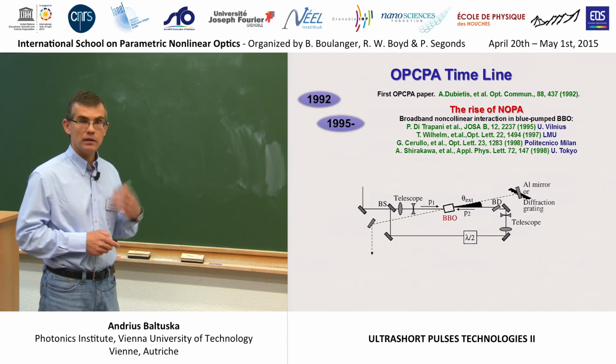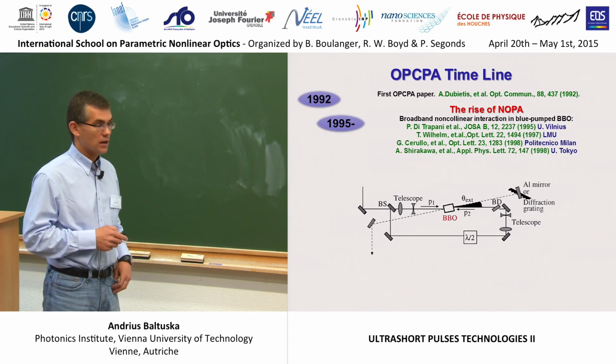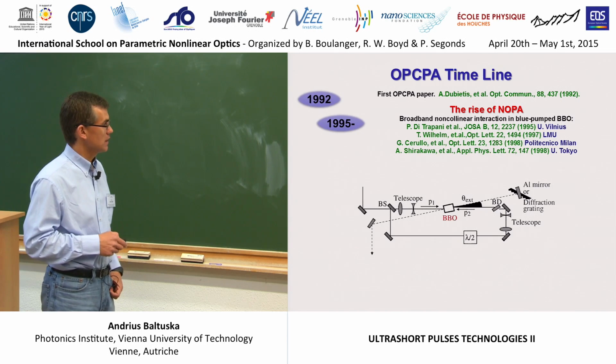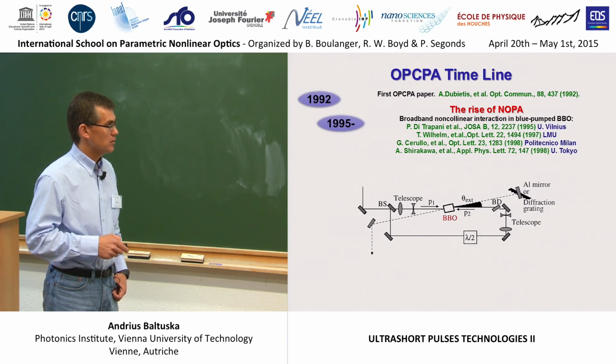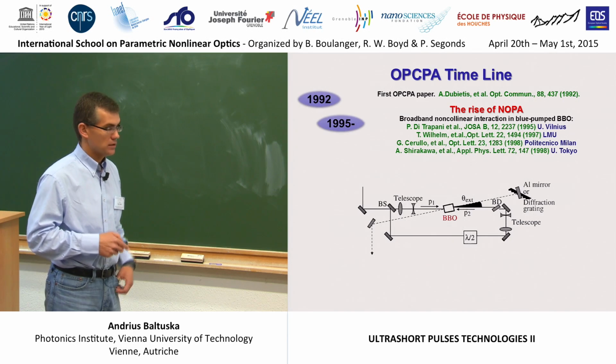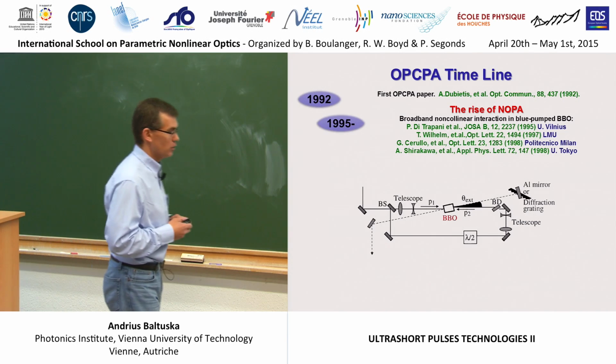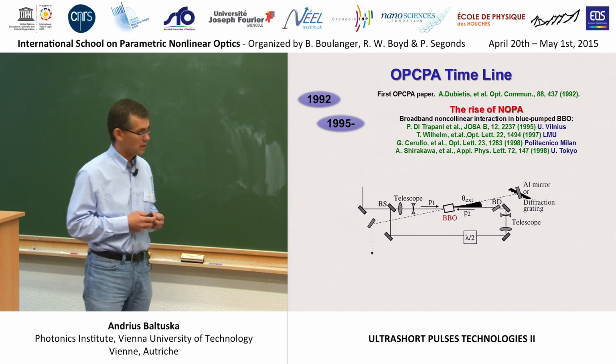So initially, the seed was done using superfluorescence. This is a typical scheme where you come in with the pulse. You divide the pump pulse into 2 arms. In the first passage through the crystal, you generate superfluorescence. Then you bounce it back into the crystal, and you amplify it. So this is like an OPG technology that we talked about.